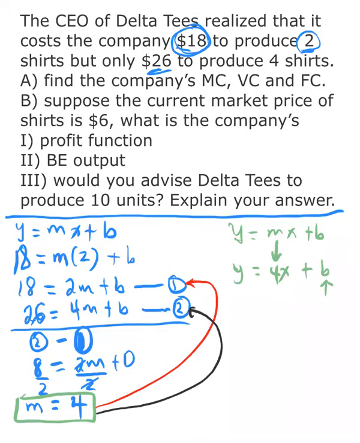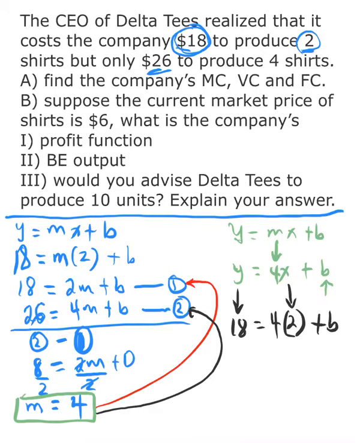If we replace m in that first equation, we are going to end up with 18, we already have m as 4, and the x over there is 2, plus b. We still don't know what b is.